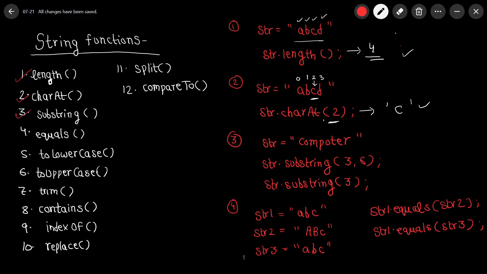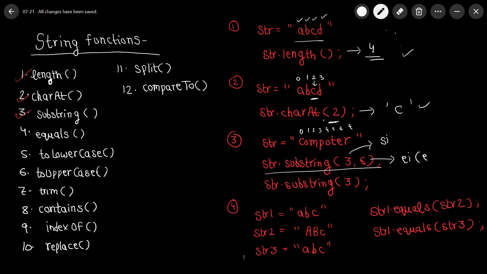Next, we have the substring function. The substring function is used to retrieve a part of a string. So suppose I do something like str.substring(3, 6). If I index it, it's 0, 1, 2, 3, 4, 5, 6, 7. So we pass 2 parameters here: this is the starting index and this is the ending index.